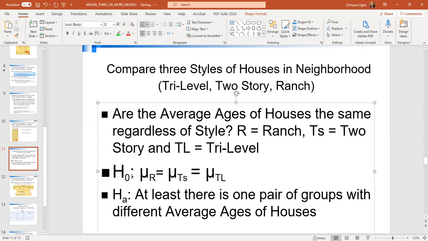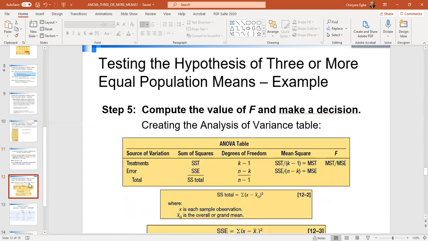So the null hypothesis will be that mu R is equal to mu TS is equal to mu TL. The alternate hypothesis will be that at least there is 1 pair of groups with different average ages of houses. So, for example, mu R might not be equal to mu TS, or mu R might not be equal to mu TL. Okay, so that is the alternate hypothesis.